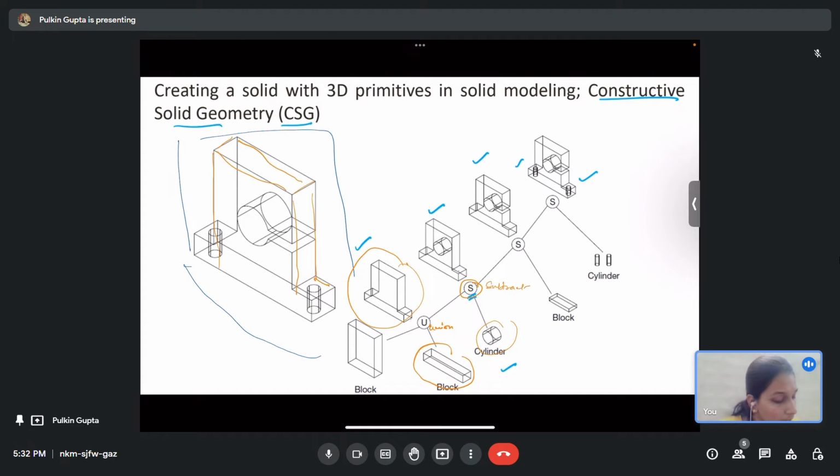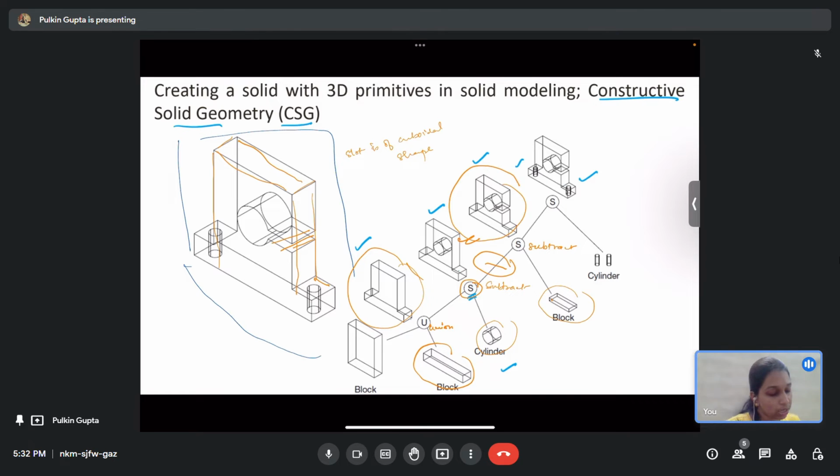Then you see here is one slot. Since this slot is of cuboidal shape, you again take a cuboid and then subtract it from this geometry. This geometry minus this block, so you get this kind of geometry.